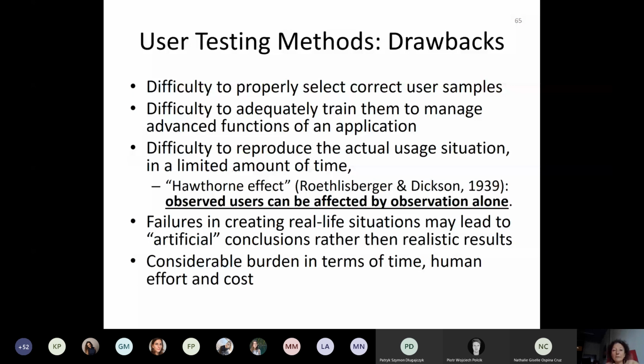The drawbacks, what are the difficulties? These are typical mistakes that many students also make. Properly select the user sample. Again, you need to select 5 users, and take users who have a homogeneous profile, where homogeneous does not mean that they are all male, all the same age, all the same experience.